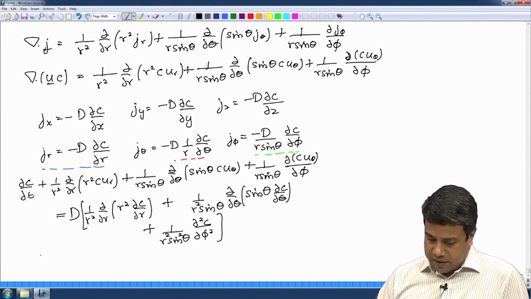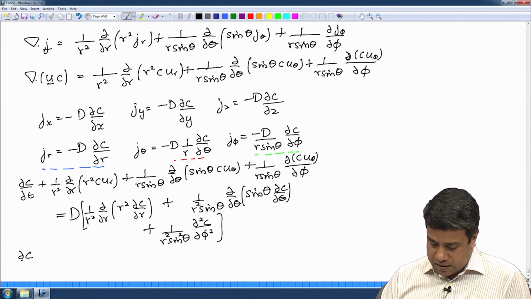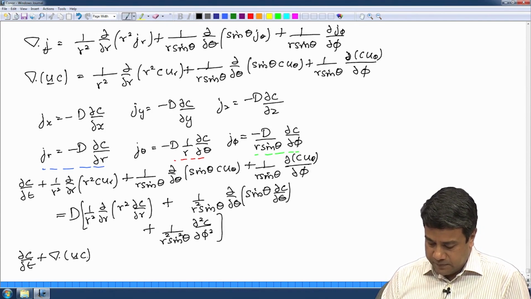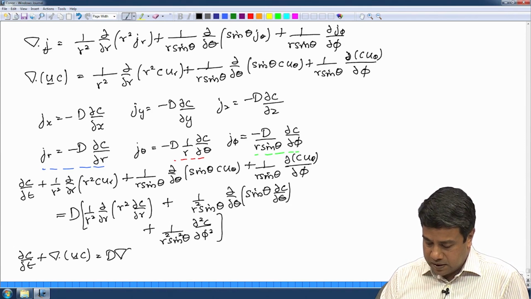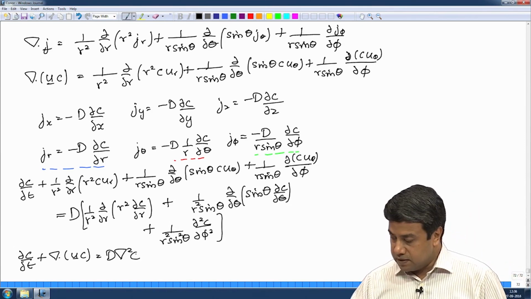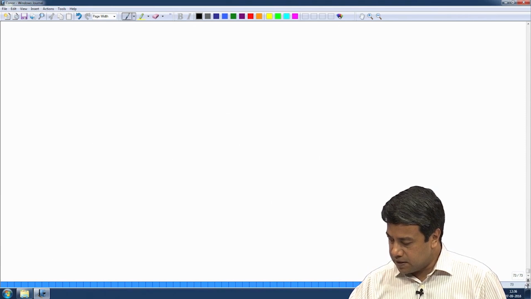And once again, if you compare it with the equation partial c by partial t plus del dot u c is equal to d del square c, this gives me the expression for the Laplacian operator.